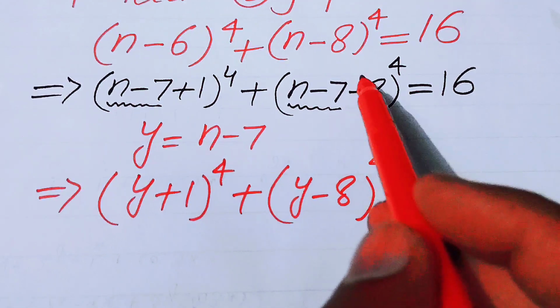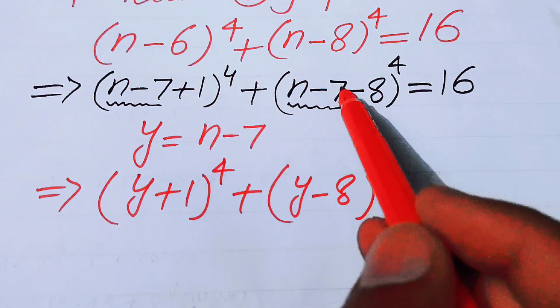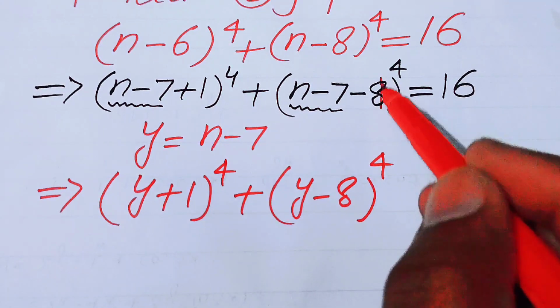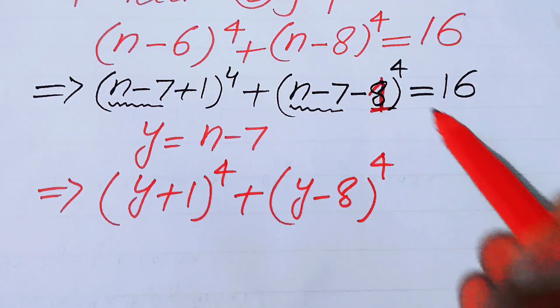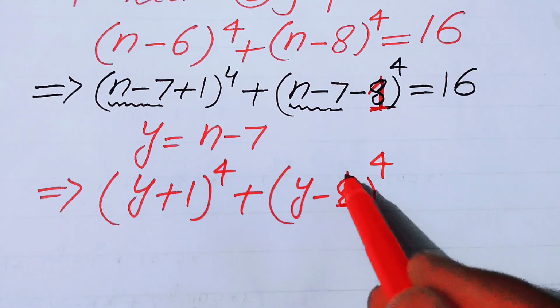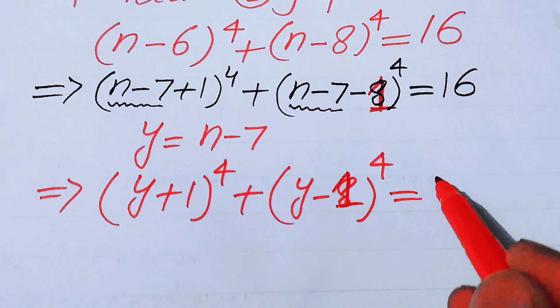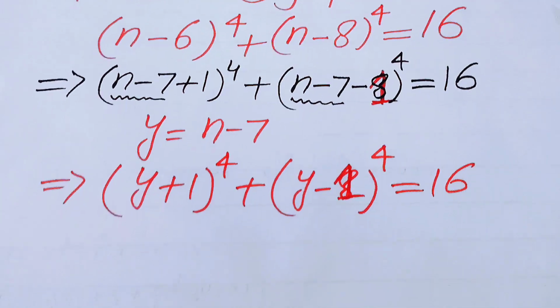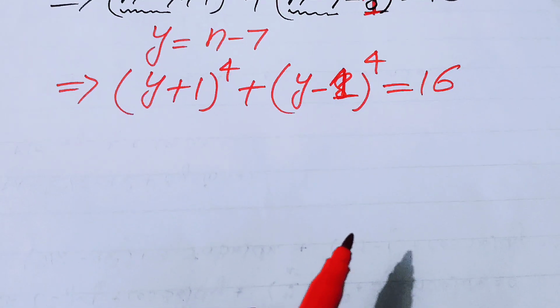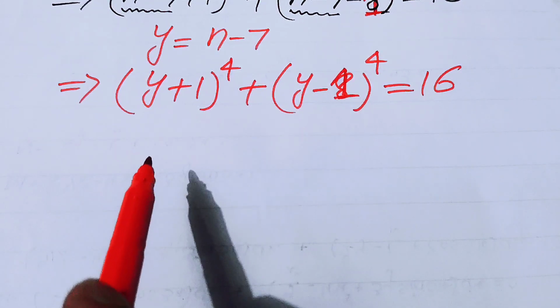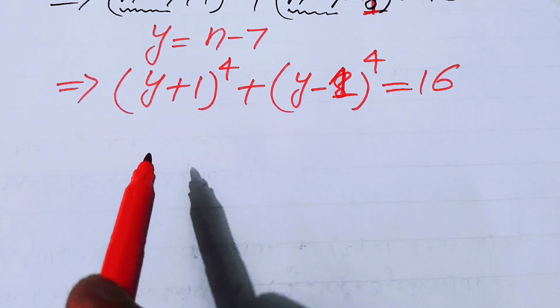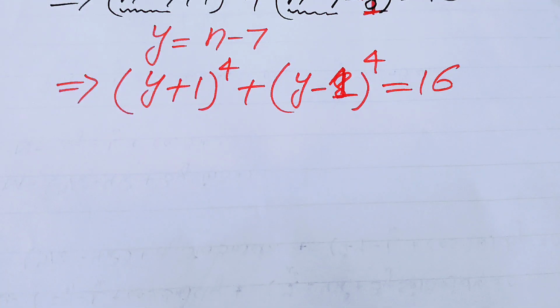Sorry, here we have minus 8 and we can write it as minus 7 minus 1. Okay, this is the minus 1, so it becomes (y − 1)^4 is equal to 16.